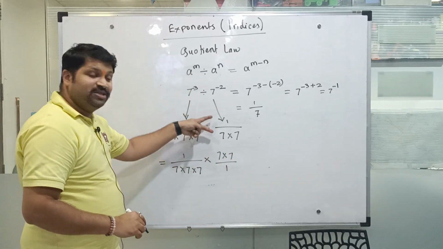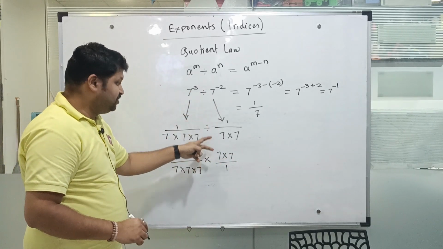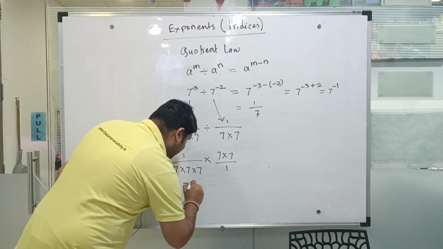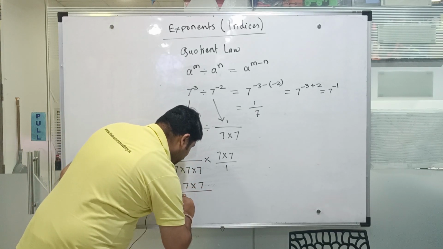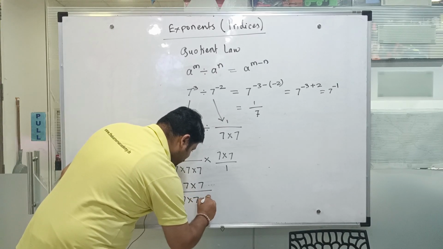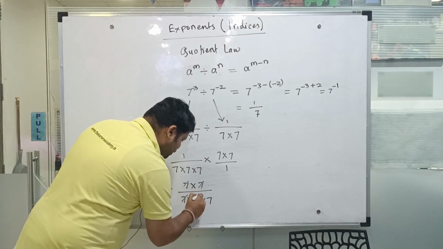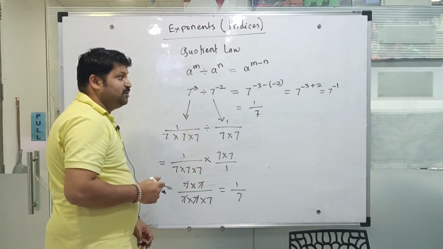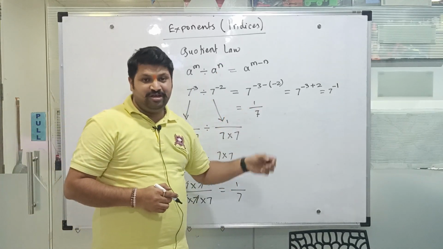So I've taken the reciprocal of the denominator because it's a fraction, giving me 7 times 7 upon 7 multiplied by 7 multiplied by 7. Two of the 7's get cancelled out and I am left with 1 upon 7, which is my actual answer that I got from my formula.